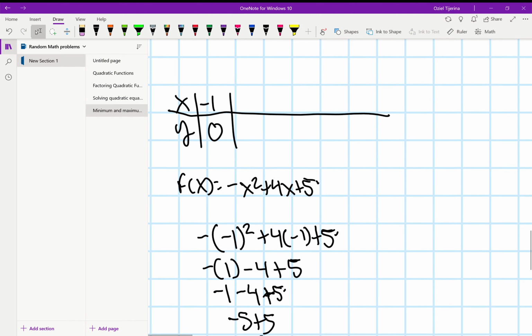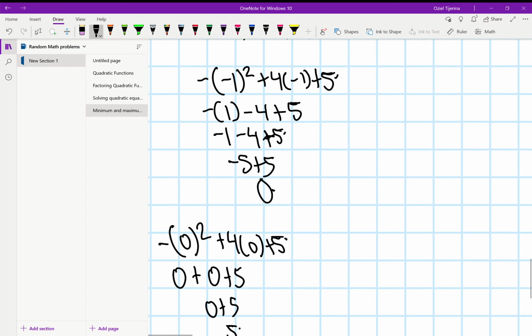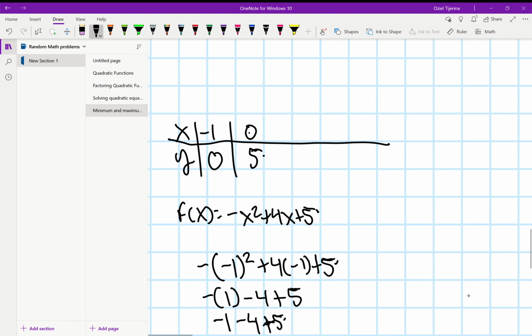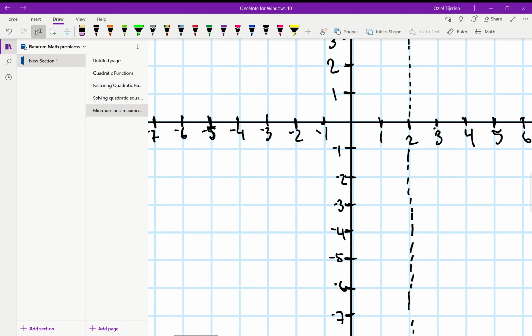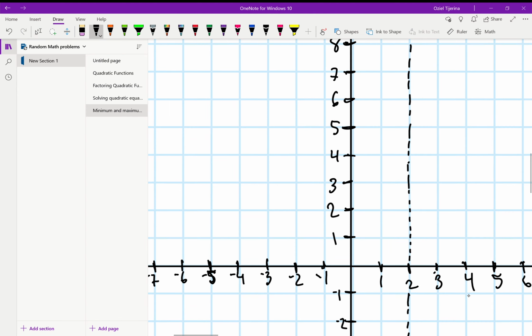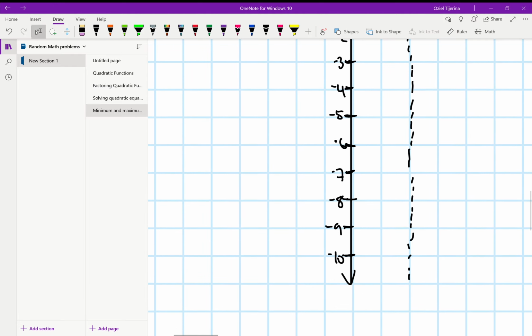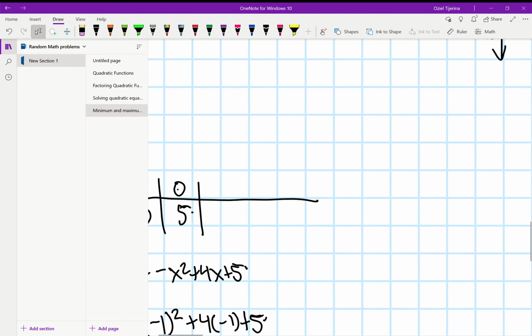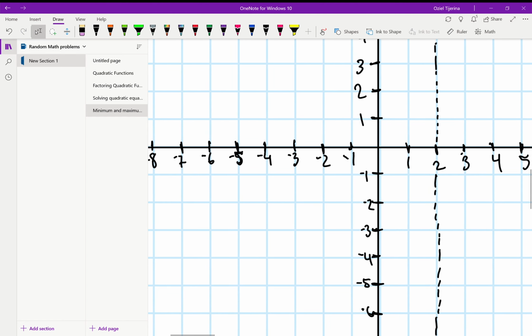So when x is equal to 0, y is 5, okay? And then, our y-intercept is 5, basically. And with -1, 0, so -1, 0 is also a point.